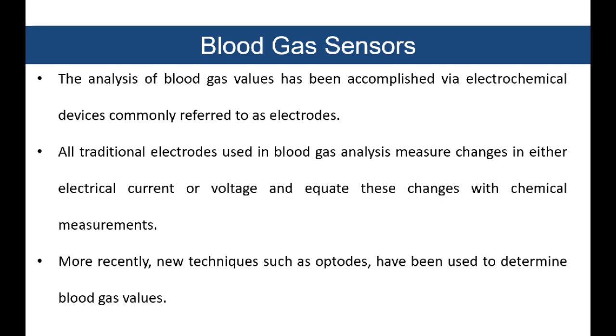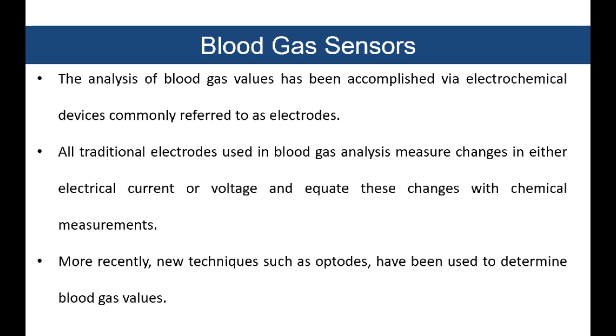All traditional electrodes use biological blood gas analysis to measure changes in either electrical current or voltage and equate these changes with chemical measurements.